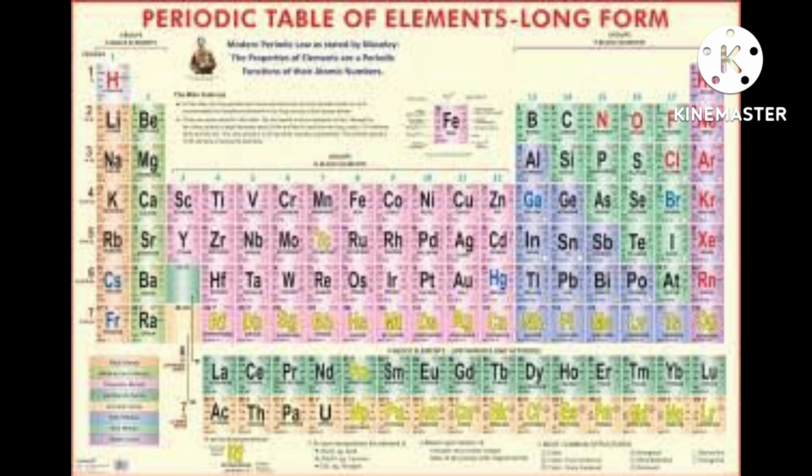After that directly next is 104. Then what happened to 90 to 103? 14 elements, again kept separately.